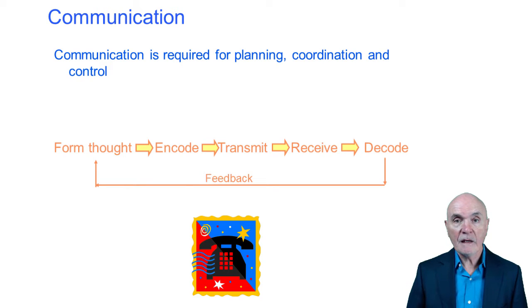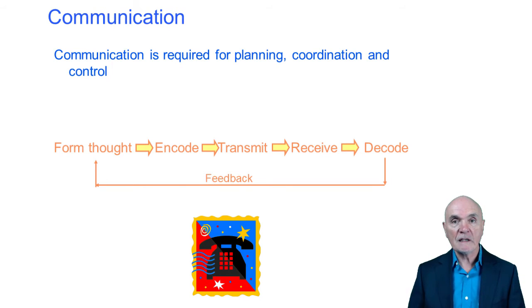And then the person receiving the information has to decode it. They have to try to make sense of the words, try to make sense of the writing, understand the diagram, and only once it's decoded are they going to be able to take some action upon it. They may give feedback to the person who sent the information.